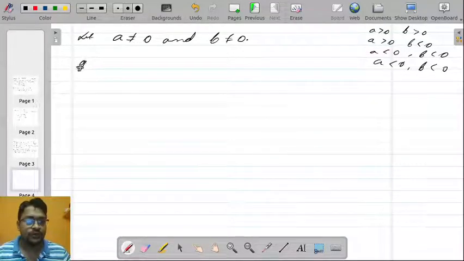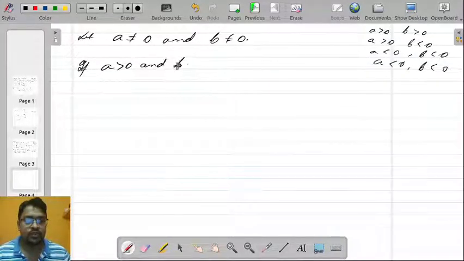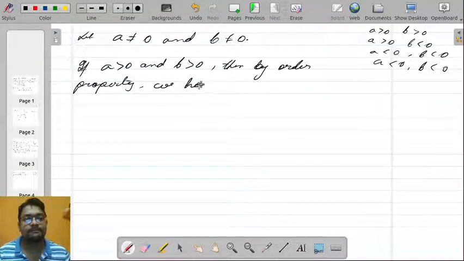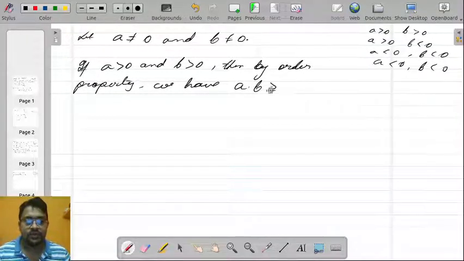So if a greater than 0 and b is also greater than 0, then by order property, ab is also greater than 0.